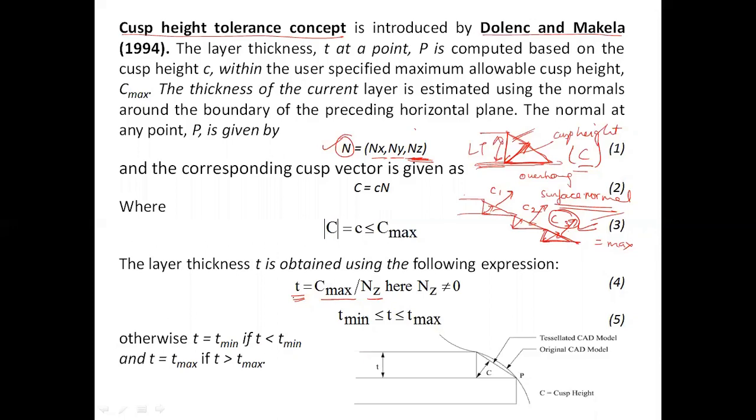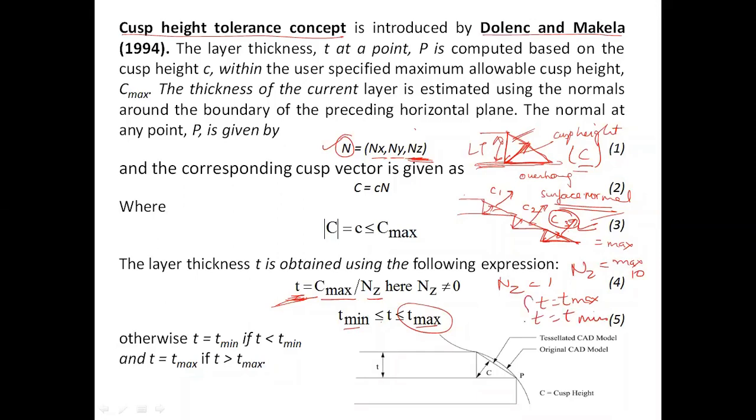So the uniform layer thickness will be defined as T equals C max divided by nz, where T lies between the minimum and maximum thickness that can be assumed. The maximum thickness is assumed when nz becomes equal to 1, then T equals T max. And when nz becomes maximum, say 10, then T equals T minimum.